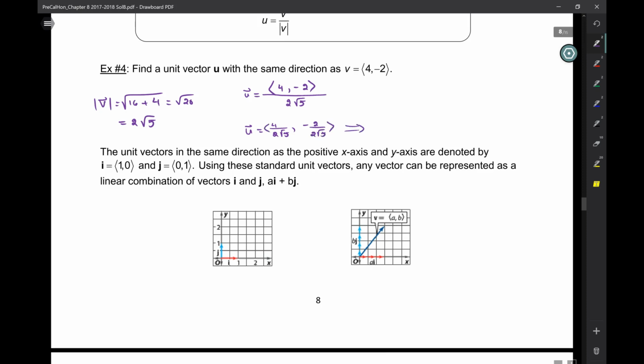That means vector u is going to be 2 over root 5, negative 1 over root 5. And you don't have to rationalize. Now, that has the exact same direction as v, but just a magnitude of 1. All right, questions?